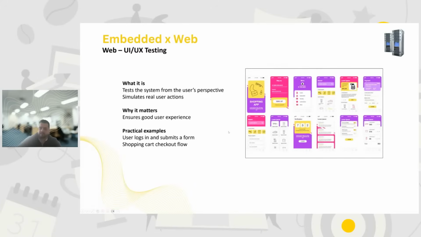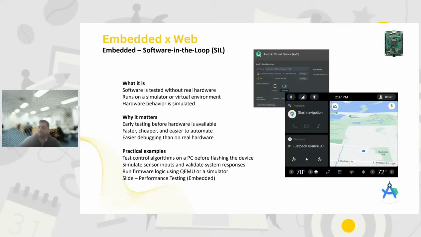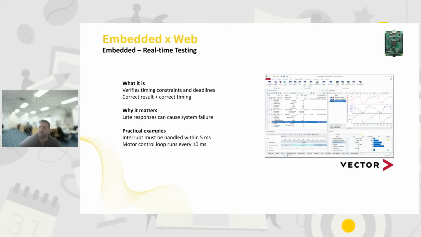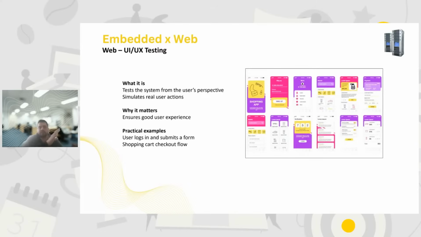We spoke until now about embedded: hardware in the loop, software in the loop, real-time testing, performance testing, and now let's build the bridge with web. Why UX? I guess a big part of you knows what that is.